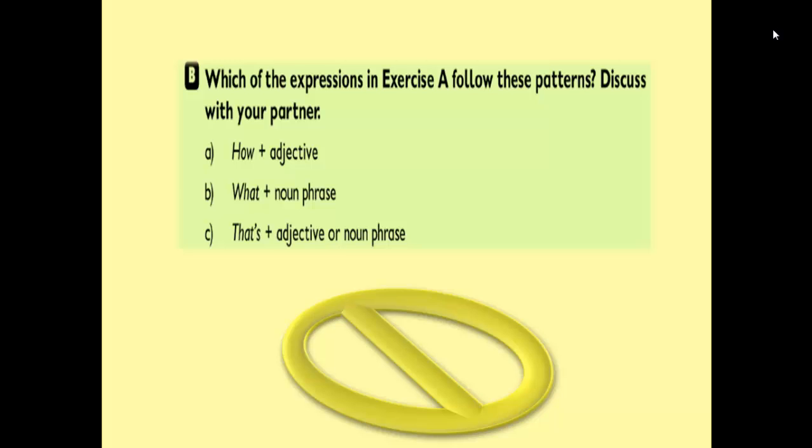Here in this exercise we have 3 patterns. The first one, how and adjective. The second, what and noun phrase. The third one, that's and adjective, or we can put noun phrase. These are the 3 main patterns.